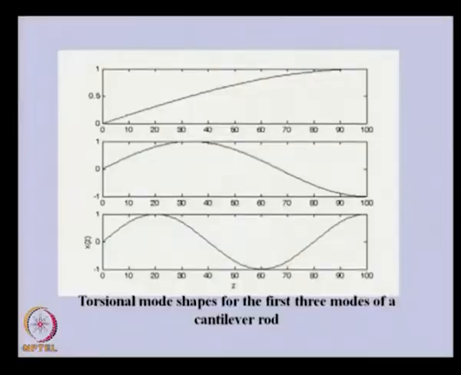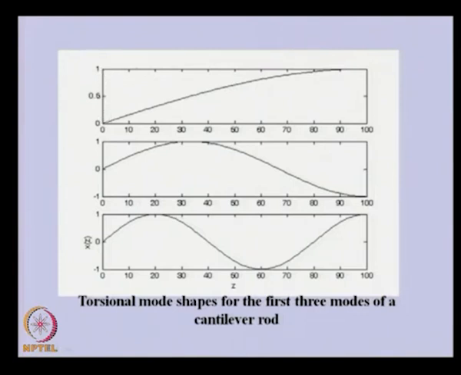So now, whatever eigenfunction we obtain, let us see the plot of that for the first 3 modes. This is the plot of the eigenfunction. You can see this is the position of the shaft, this is the fixed end of the shaft, and this is the free end of the shaft, and this is the relative angular displacement.